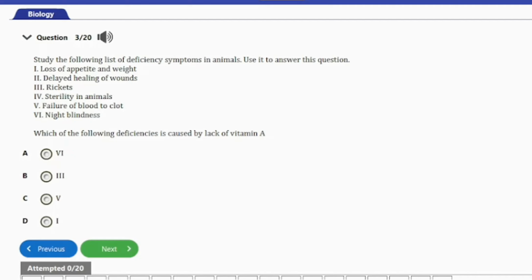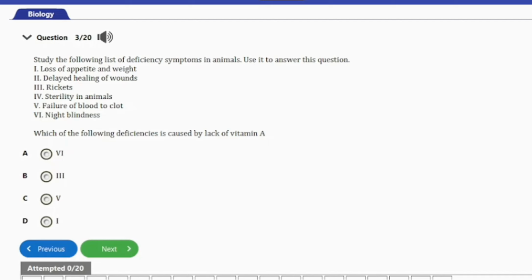So the question here says, which of the following deficiencies is caused by lack of vitamin A? We have A, VI, B, III, C, V, and D, I. So guys, lack of vitamin A will result in night blindness, and that's option A here. So option A is the answer to this question, that's VI.